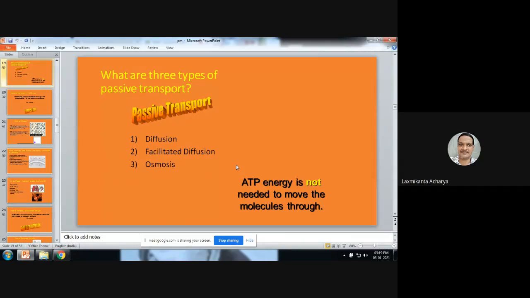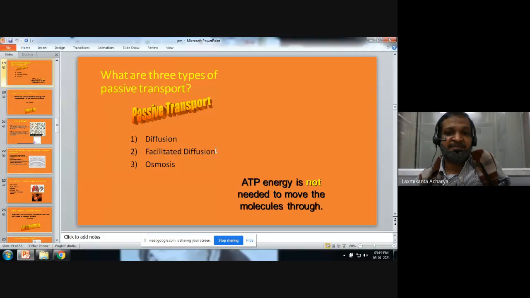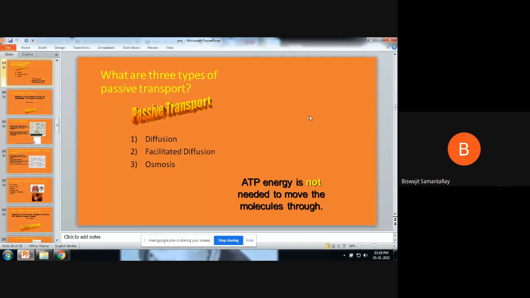So when there is a process like diffusion, what is the need of facilitated diffusion? Who can tell? If water can move through the plasma membrane through diffusion, what is the need of facilitated diffusion? Charged molecules move through facilitated diffusion.